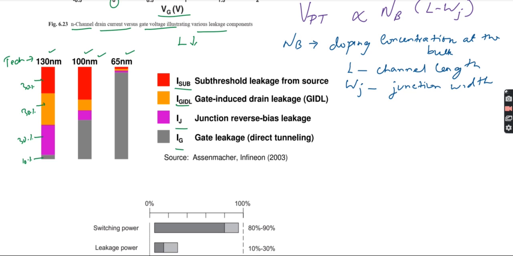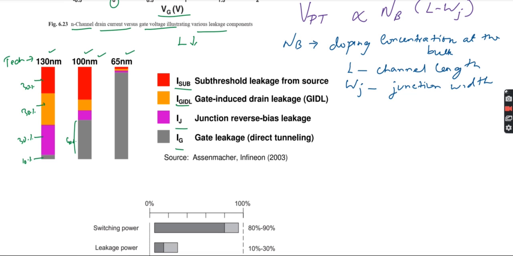When you go for 100 nanometer, what happened here? When you reduce the length, we are getting around 40% gate leakage, that is direct tunneling, because if you reduce the length, automatically the oxide thickness will be very thin. So there will be direct tunneling, that is gate leakage, which gives more.